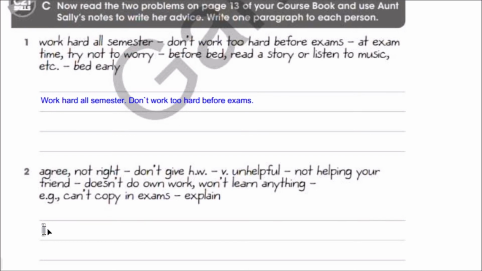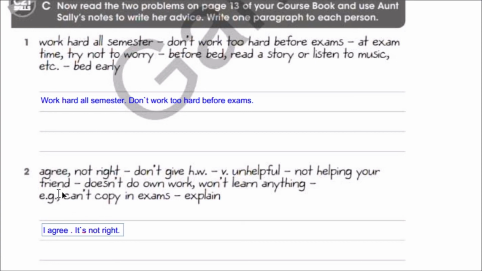You can start it like this. I agree. It's not right. Look at the difference between this and these.